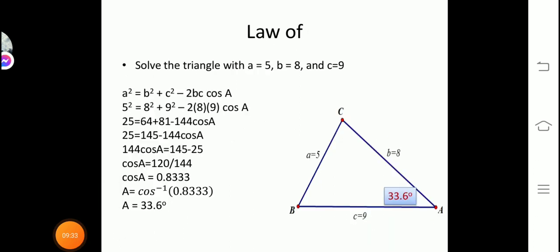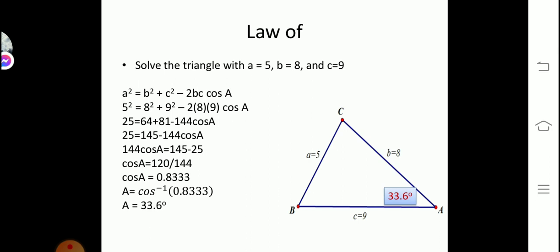So solve the triangle with a equals 5, b equals 8, and c equals 9. So a squared equals b squared plus c squared minus 2bc cos A. So 5 squared equals 8 squared plus 9 squared minus 2 times 8 times 9 cos A. 25 equals 64 plus 81 minus 144 cos A. So 25 equals 145 minus 144 cos A. So 144 cos A equals 145 minus 25.